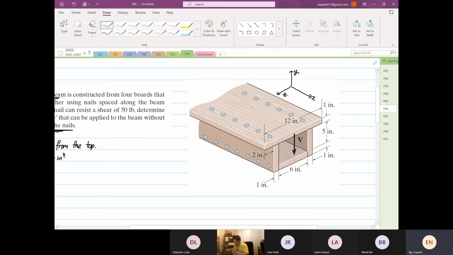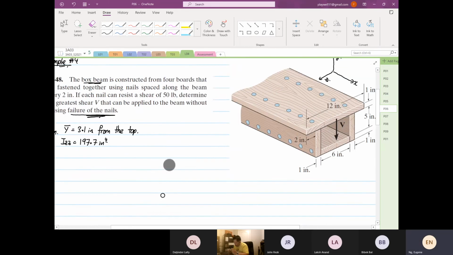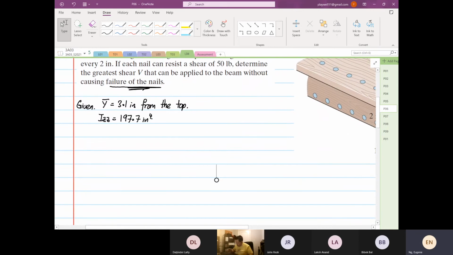So again, if you look at a problem like this, what we are given is Q, or resistance force, per new. Okay, so this is our F, and it's at 50 pounds, right?